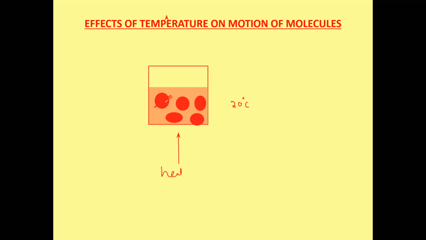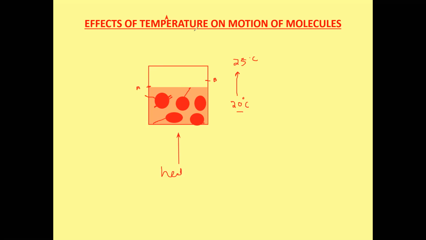The particles will vibrate and move away from each other, but the particles will not leave. In practice, liquid evaporation can happen, but we are considering that the particles are not changing state. If the particles are not changing state, we only observe an increase in temperature. So when the temperature rises, if the original level was at position A, the new level will be at position B.